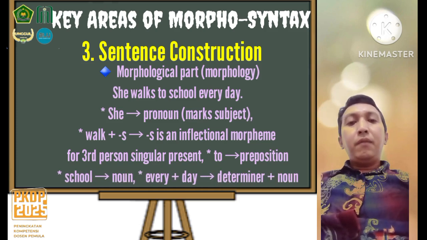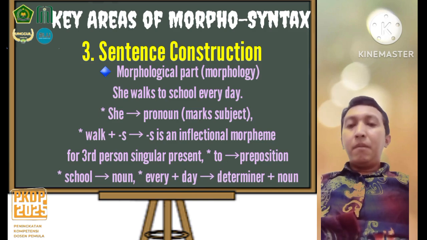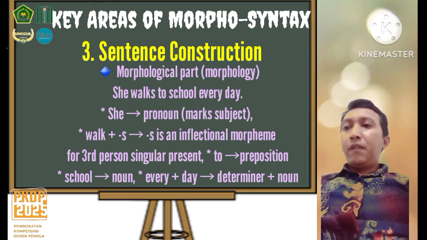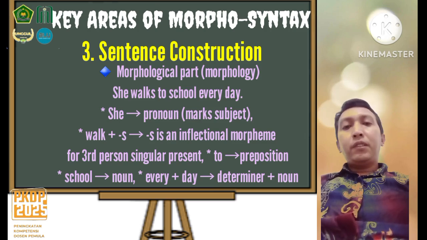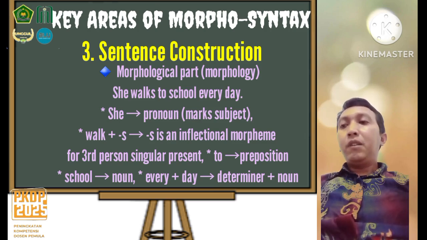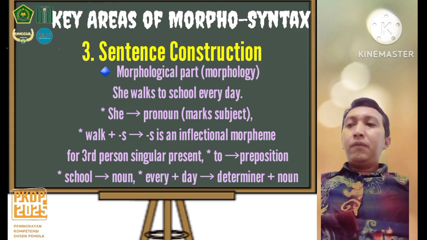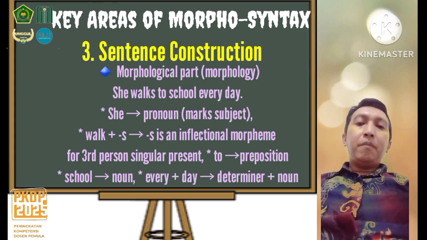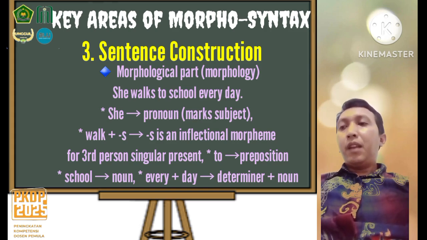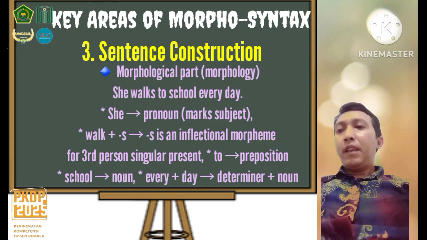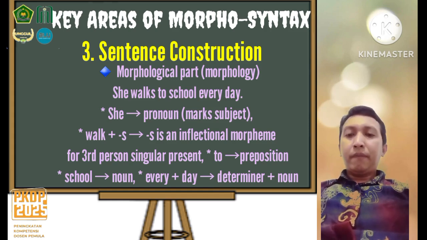S here is the inflectional morpheme because of the subject she, the third person singular present. And the next word, to, is a preposition in word class, and school is a noun. Every day: every is the determiner, and day is a noun.